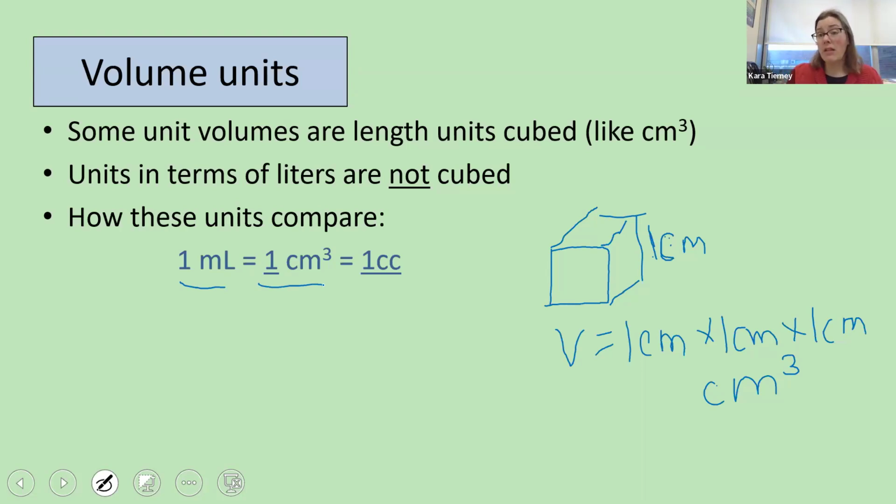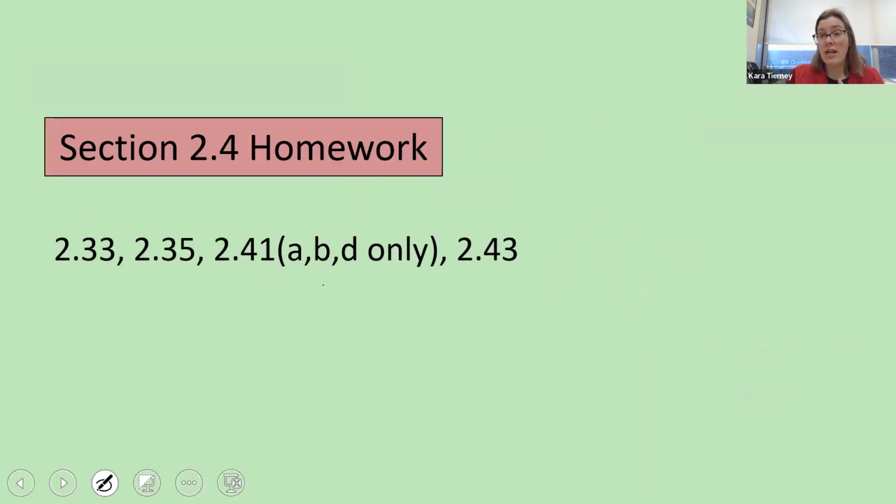So if you see 1 milliliter, 1 centimeter cubed, or 1 cc, they are all the exact same unit. And that's going to come in handy in lab next week when we see milliliter and centimeter cubed included in our density units that we'll be learning about.